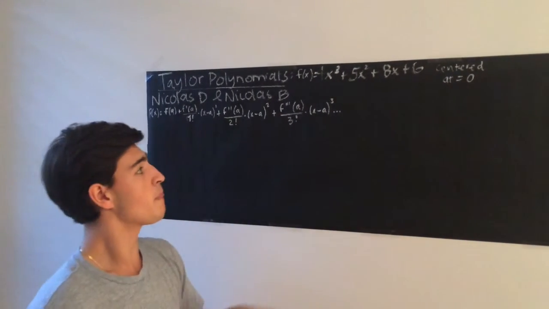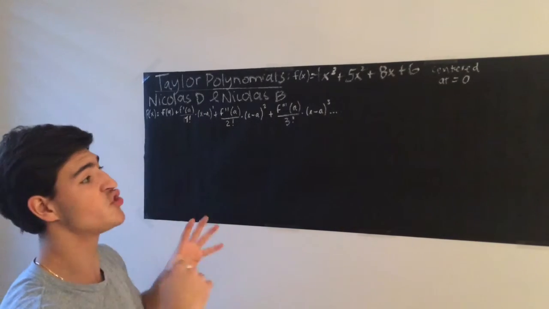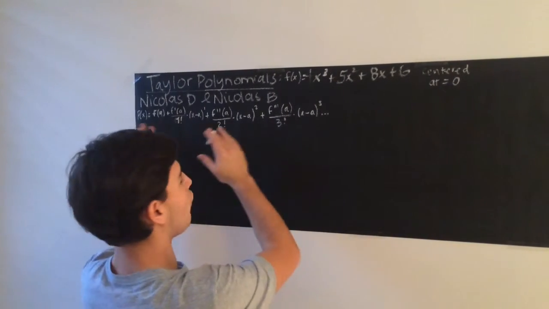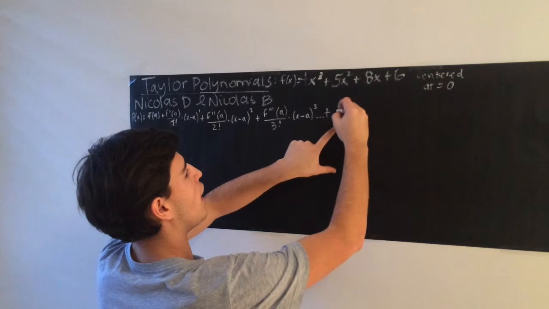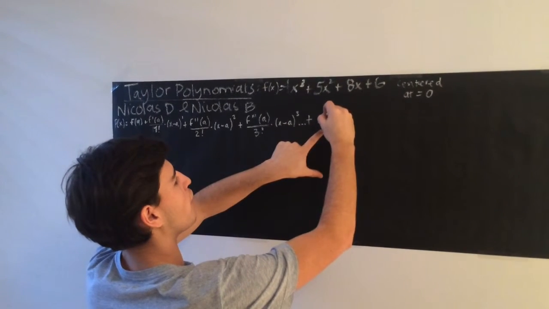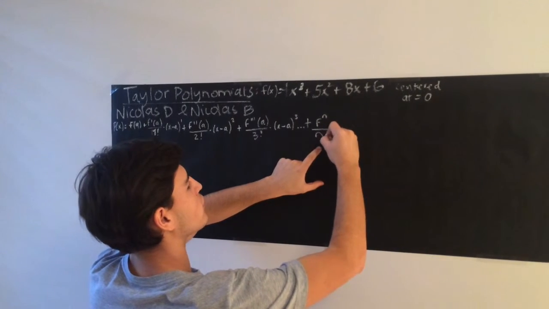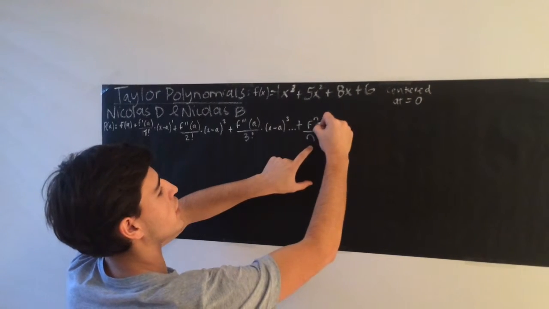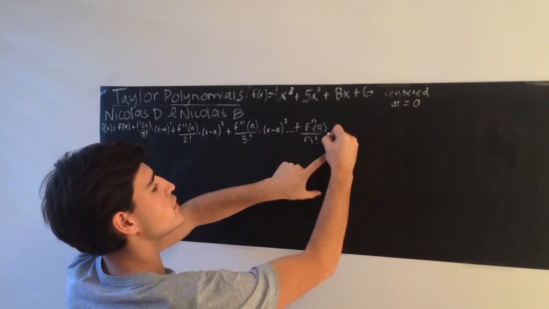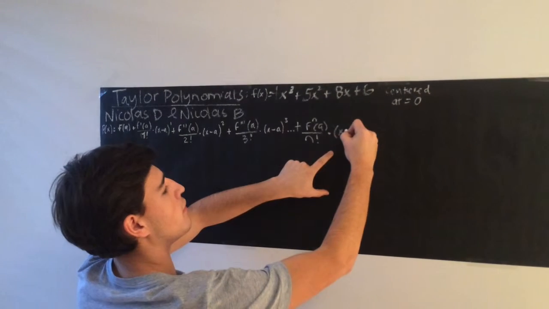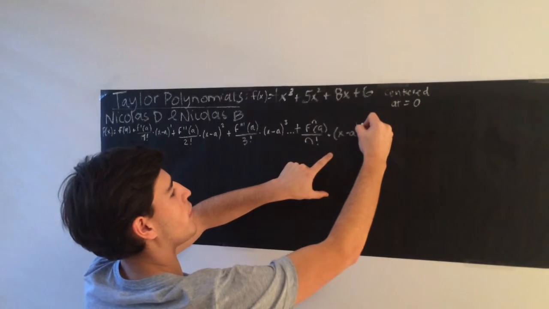So here this is the formula, but the general formula is all this plus f to the power of n of a divided by n factorial times x minus a to the power of n.